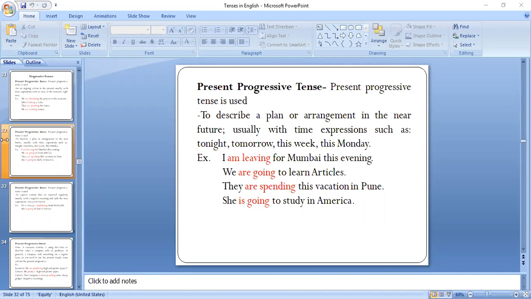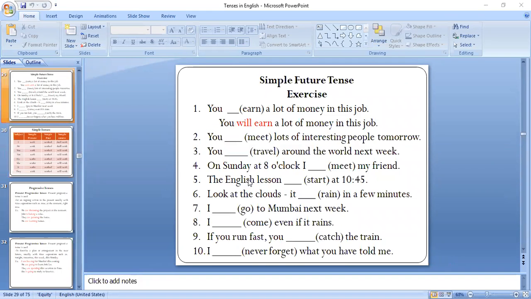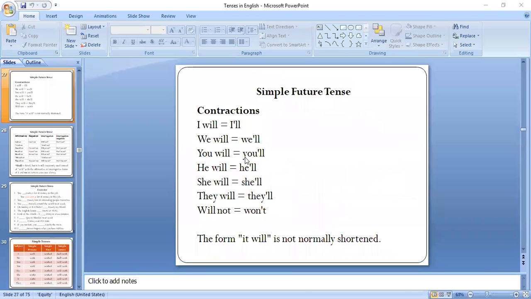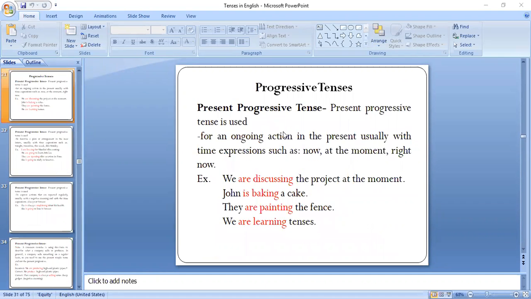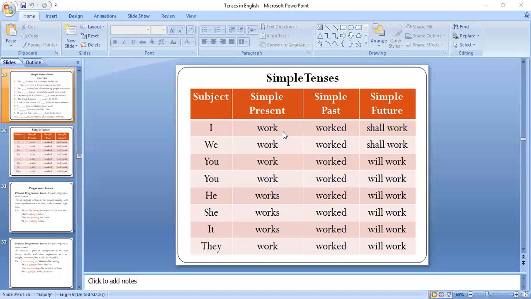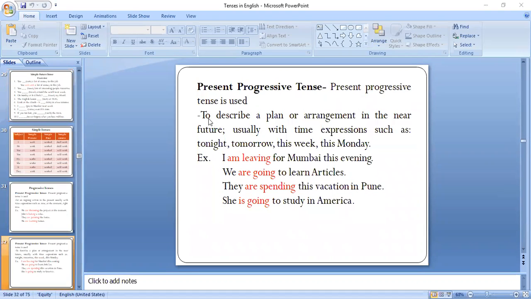Okay, so I have marked your attendance. So today we have done with the simple tenses, that is simple present, simple past, and simple future. Also we have started with the continuous present tense or present progressive tense.